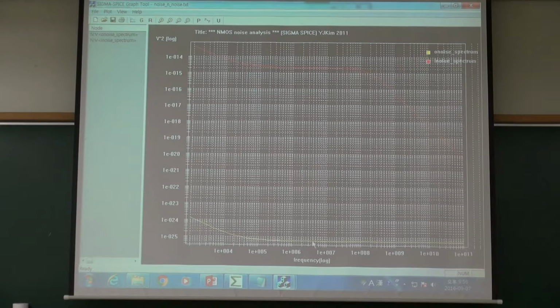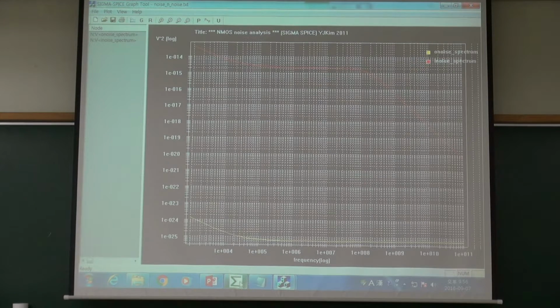You can see thermal noise here, and some corner frequency around here. This is flicker noise, right? The corner frequency is around 100 kilohertz. And this is the power spectral density of the gate noise voltage. My GM is so small that this becomes pretty large, 10 to the minus 14. This is some low pass filter effect. Neglect this part. Just flicker noise and thermal noise.